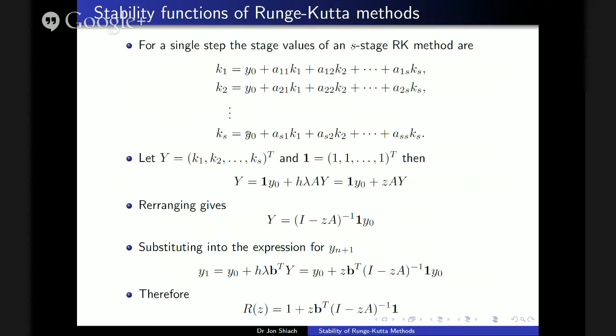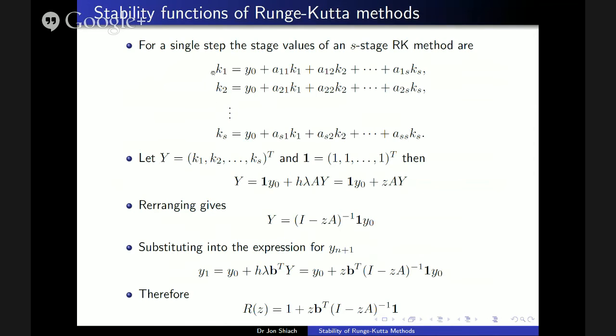I've presented it in this way because I'm going to define a vector Y, or big Y. Big Y is just all of my k stage values. So big Y is a vector of k stage values, in other words the left-hand side of this system here.